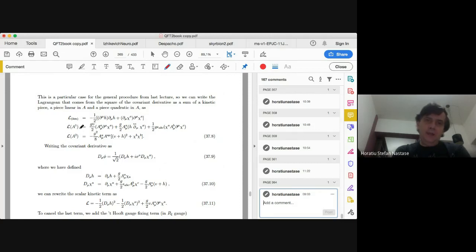The linear part in A has a mixing between A, the gauge field, and the would-be Goldstone boson, the usual one: g v over 2, A mu a, d mu chi a.